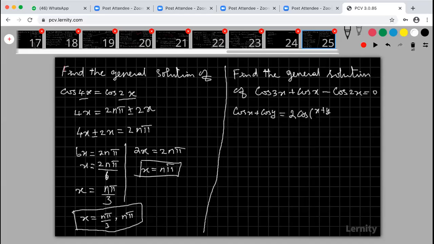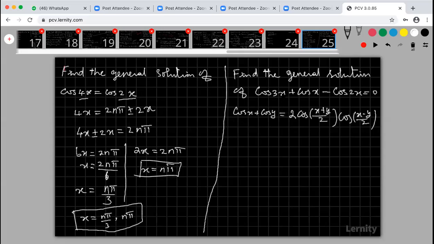This is the formula identity. Please go through the identities. At least see all the trigonometric identities and formulas once.